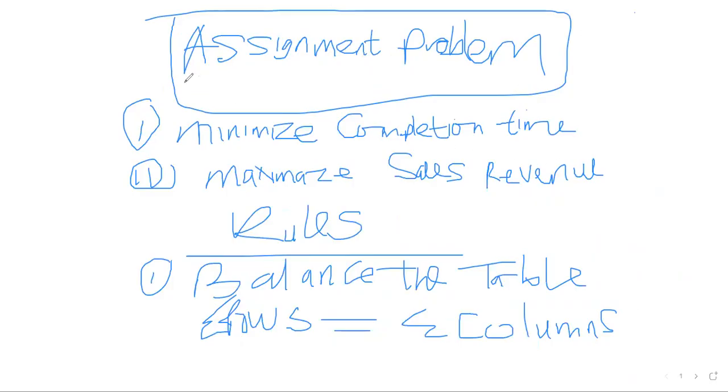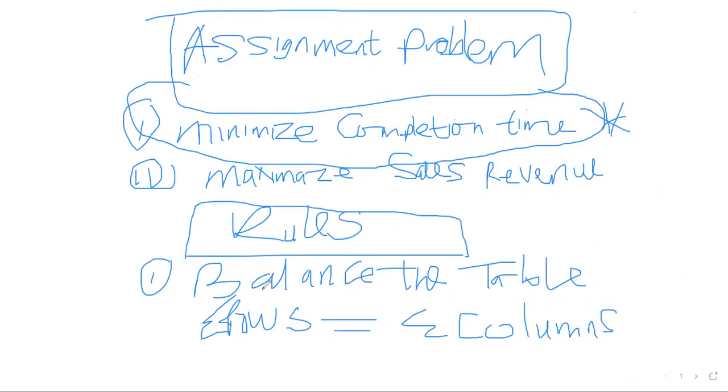The other class we looked at was assignment problem in terms of maximization. So this is all that is involved, and the rules found in assignment problems are listed here. So please take note.